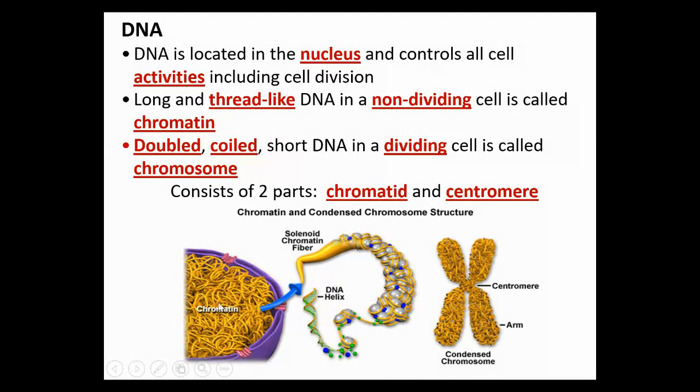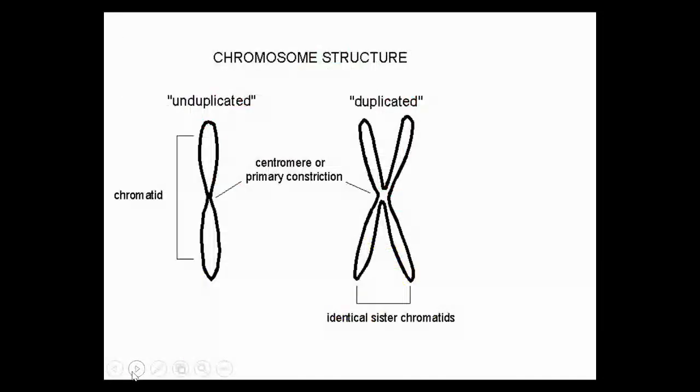In single-cell organisms, it's just kind of all jumbled up like this. Chromosome structure, uncomplicated, you have the chromatid, and duplicated, you have identical sister chromatids. And again, this is a centromere.